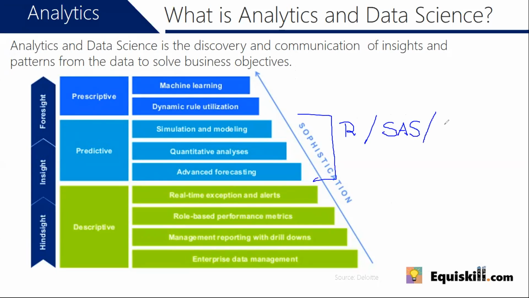And you will also see that in open source companies these days, Python is being used a lot. So these are the three technologies used a lot for predictive analytics, as well as to an extent for descriptive analytics.